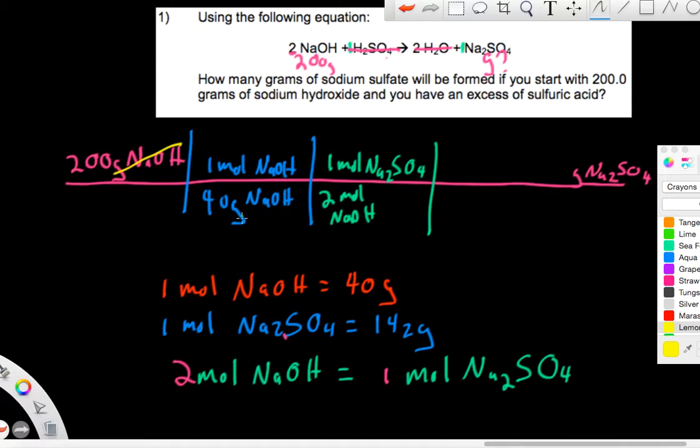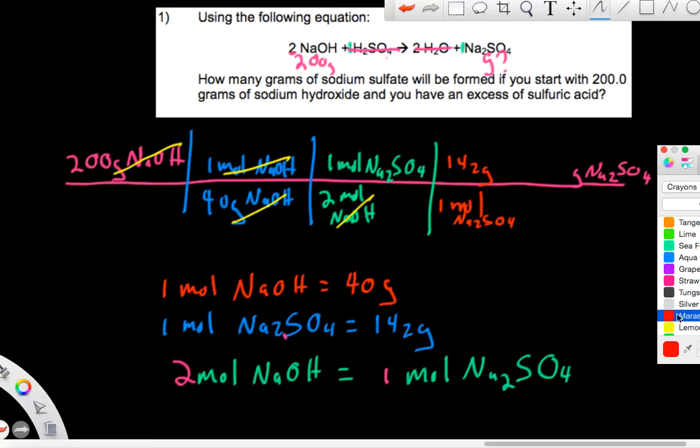Going back through, I can start canceling things out, right? Grams NaOH, top and bottom. Mole NaOH, top and bottom. Left with mole Na2SO4. Really close. Now I just need to go from moles to gram. Hey, that's pretty easy. We've done that a million times. So let's go ahead and do that. Let me get a good color here. Do red. So looks like 1 mole of Na2SO4 is equal to 142 grams.